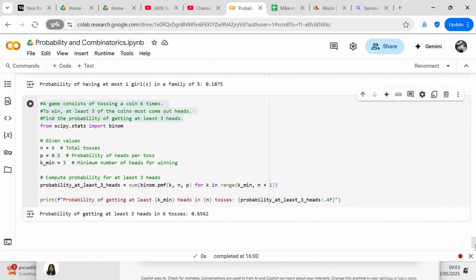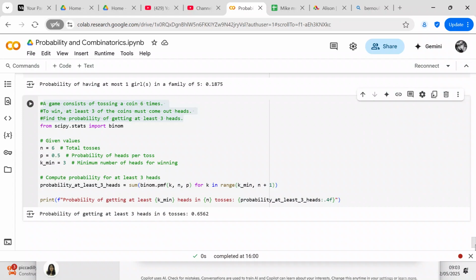So the last question we have is, a game consists of tossing a coin 6 times. To win, at least 3 of the coins must come out heads. To find the probability of getting at least 3 heads, the first thing we're going to do is import scipy.stats. From scipy.stats, import binom.